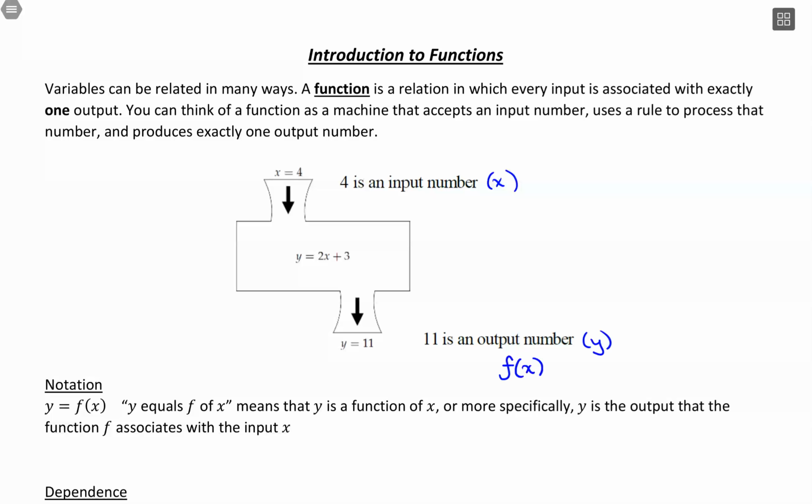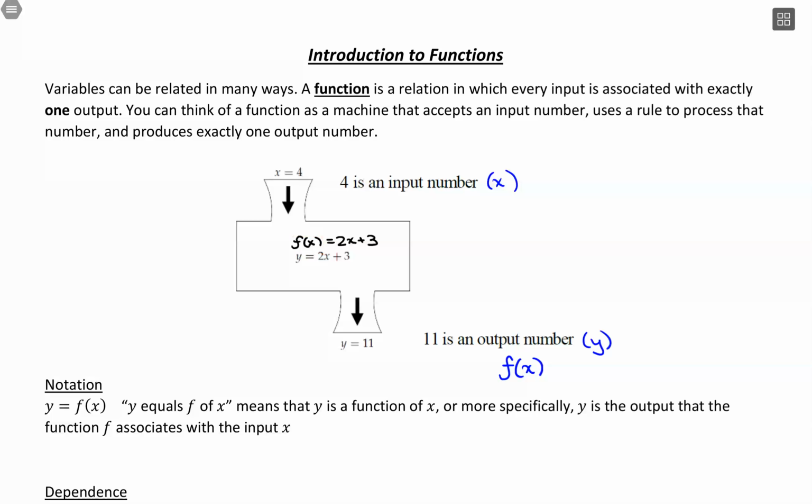So where you can see this description of y equals 2x plus 3 here, what we could do is say f of x equals 2x plus 3. So with this function notation, what we see is our function, which we can use different letters for. Most common is f. I read this as f of x equals 2x plus 3.